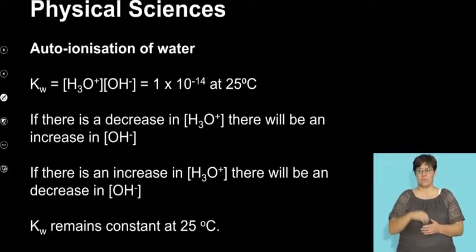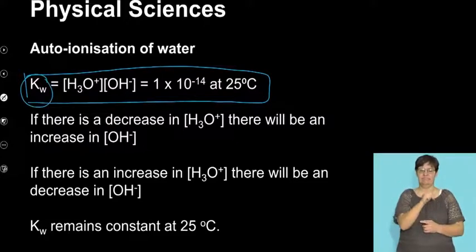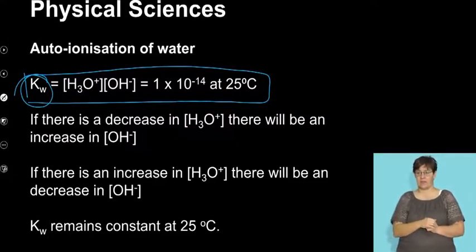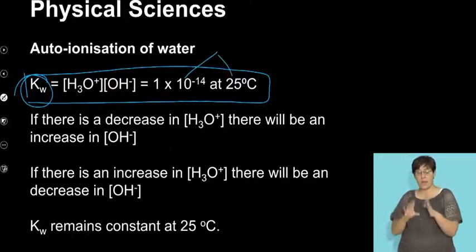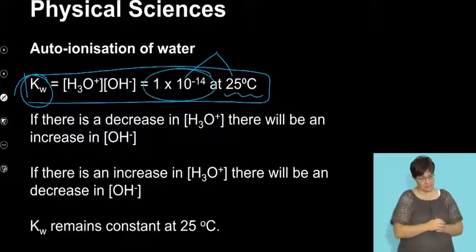Back to the auto-ionization of water, we ended off saying that Kw, which is the ionization constant for water, remember it is a constant and it's only applicable at 25 degrees Celsius. As soon as this temperature changes, we cannot use that as a constant.